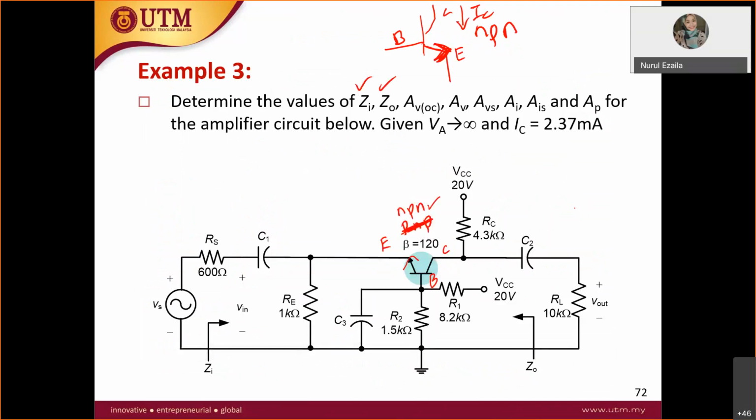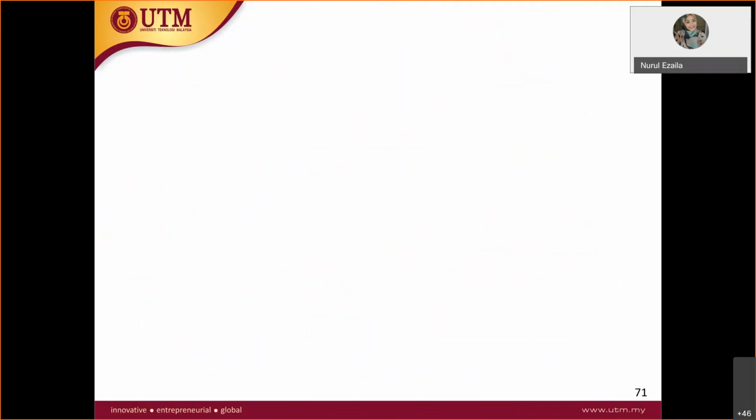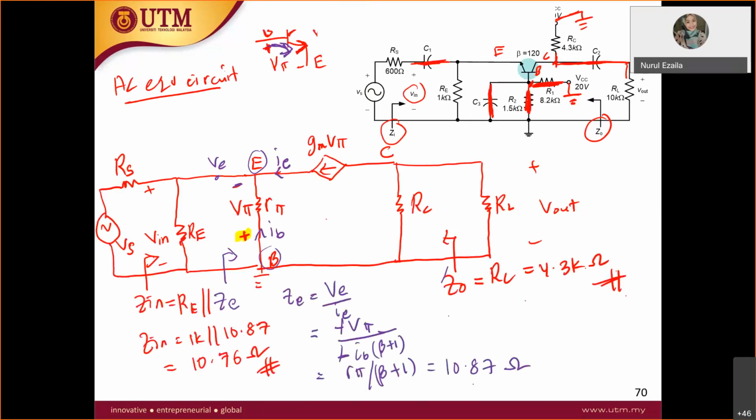Now you can find on your own AVOC. I want to find AV. AV is equal to V out over V in with RL. So V out is voltage across who? Across which resistor for this case?